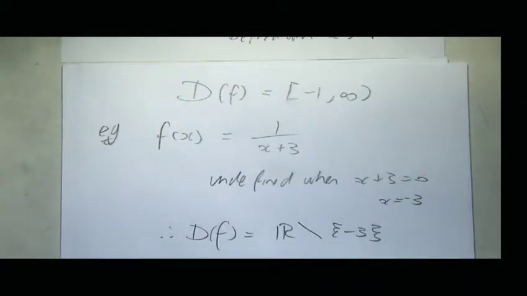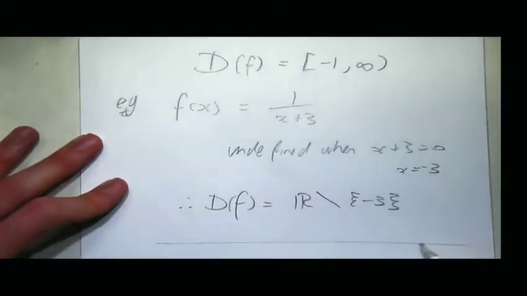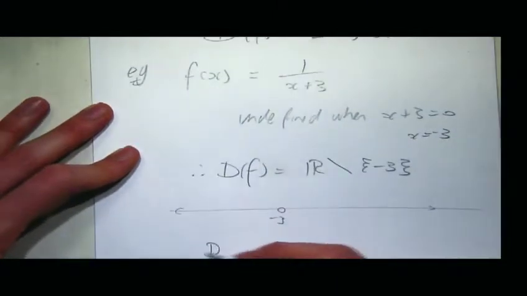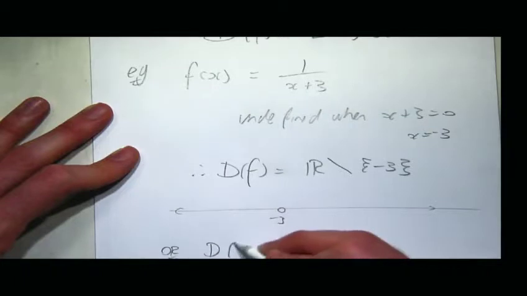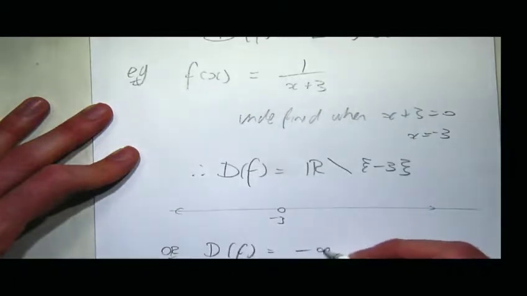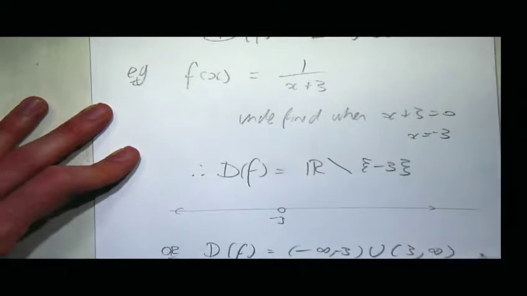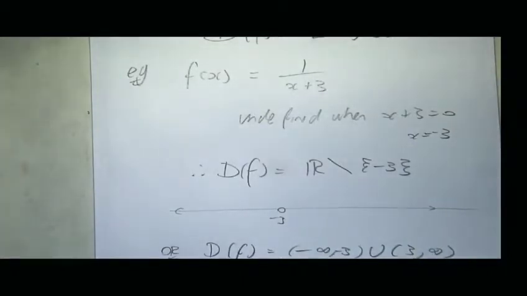You could also imagine it as a line, everything but not minus 3. So you could also say the domain of f is everything from minus infinity up to minus 3 and everything from minus 3 to infinity. Either of those would be acceptable. I should point out that if they say interval notation, you must write this one.